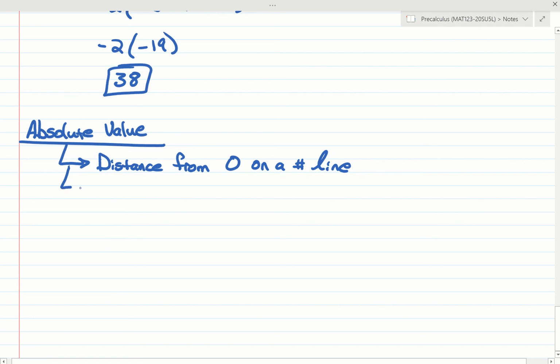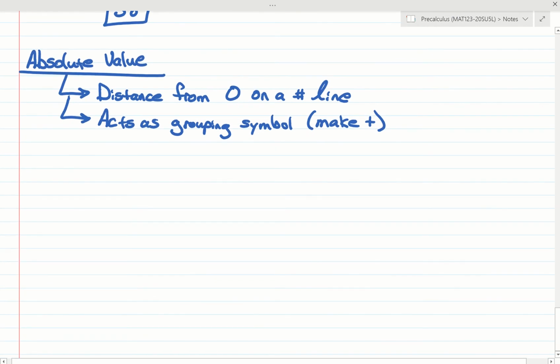Most people simplify that and they just say absolute value just pretty much acts as a grouping symbol, kind of like parentheses, but what's on the inside we make positive. So take a look at some examples. The directions are just going to be for us to simplify.